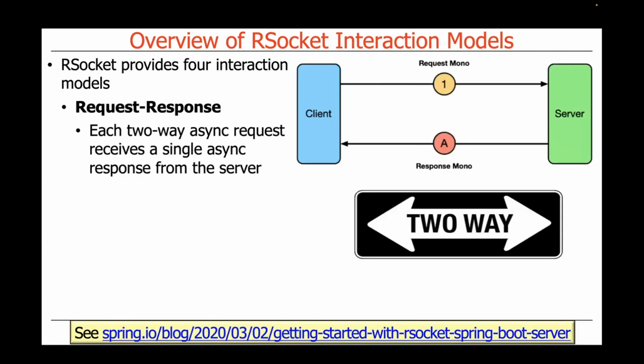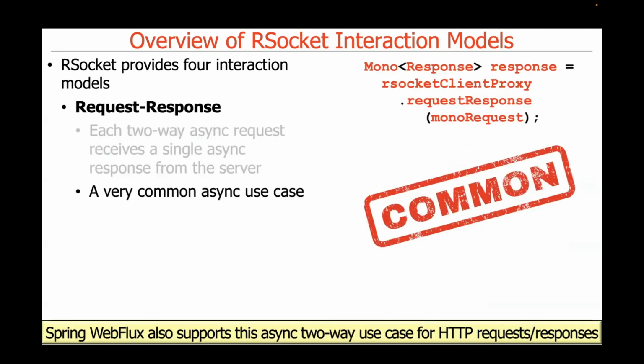Something that's a little bit more reliable or trackable is the request response model, where each two-way request, which traverses both going and returning asynchronously, has a single response come back from the server. So the client sends a request and it gets a response back, even though that may occur asynchronously.